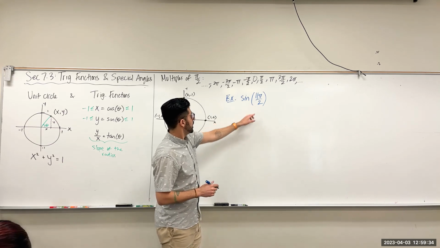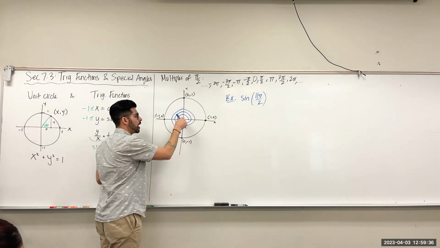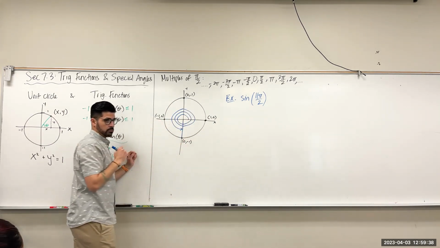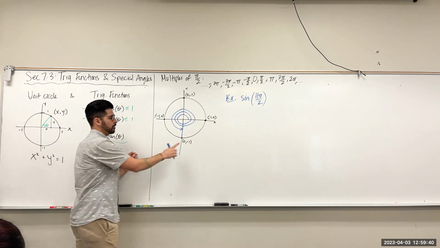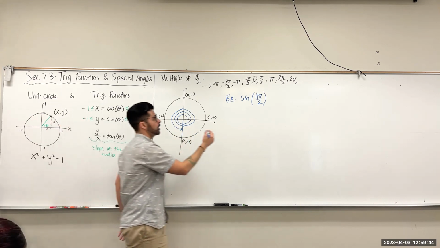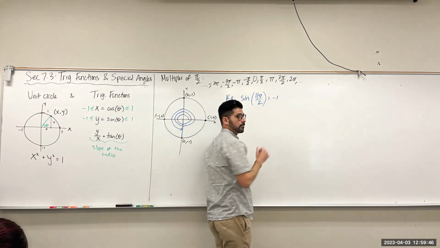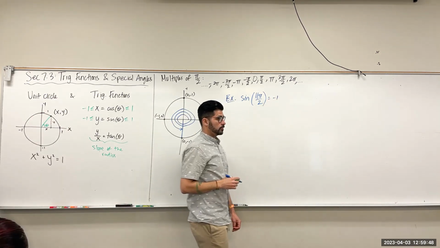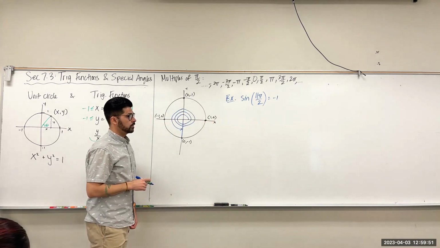Okay, so then if I end up here, what is the y coordinate of the terminal point? -1, and by definition, that's what the sine is supposed to be. It's supposed to equal that y coordinate. So this should be -1. So it's one per quadrant. I kind of thought it was one per like two because it's 180.